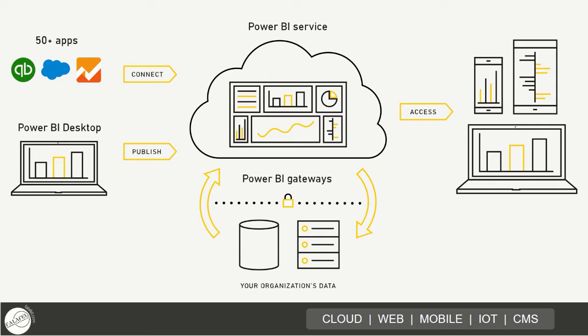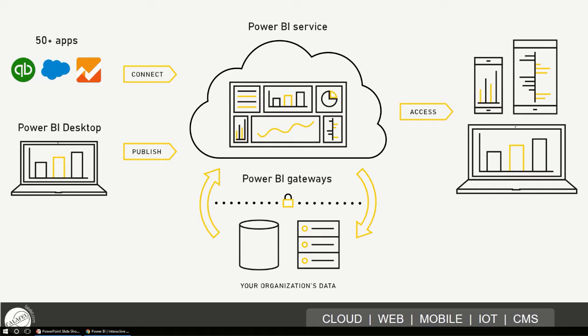So if you have a data file or an on-premise database that you want to keep synchronized with Power BI, you can install and configure the gateway to periodically go to your data source and refresh the data so that your reports are always up to date. And finally, the reports can be accessed using the mobile apps or by logging in to the Power BI service.